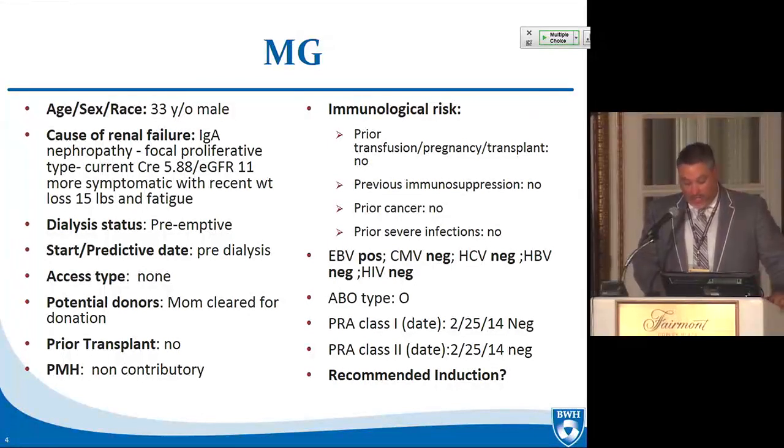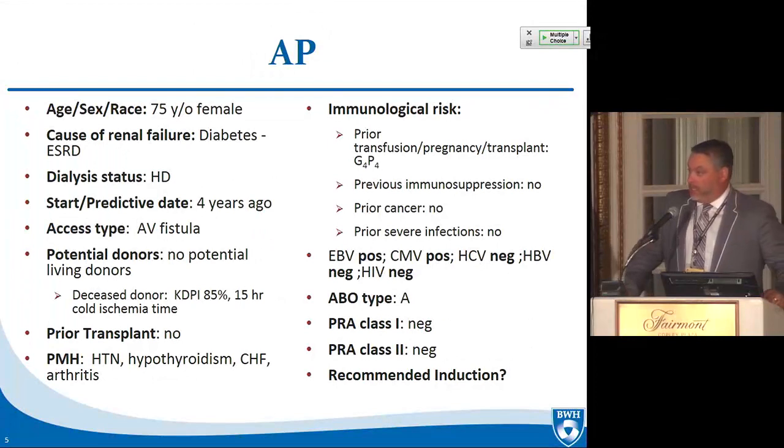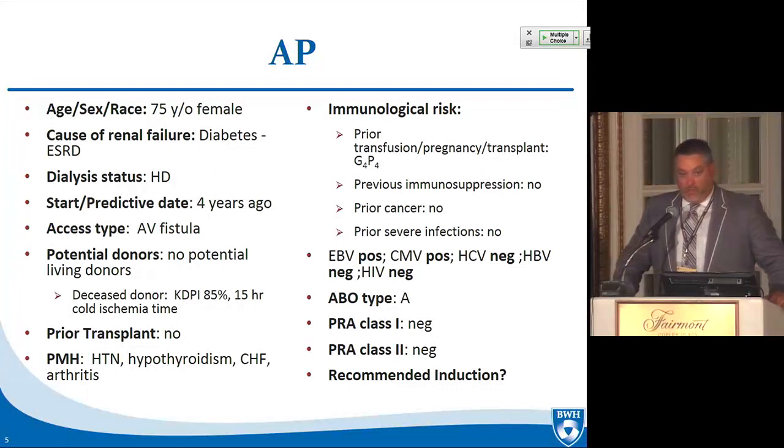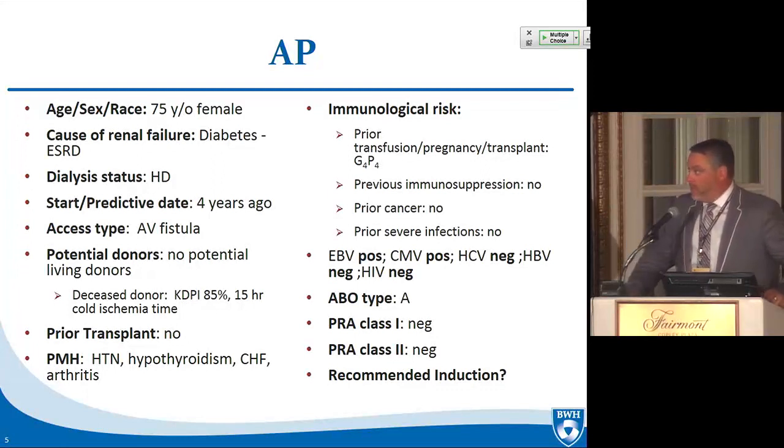But to give a bit of a contrast, a transplant that we did the same week was a 75-year-old female who had end-stage renal disease secondary to diabetes, has been on hemodialysis, is receiving a deceased donor transplant with a KDPI of 85%, already has 15 hours of cold ischemia by the time the patient presents to the emergency department, does have some immunologic risk in the fact that she's been pregnant, but has no previous immunosuppression, cancers, or severe infections.